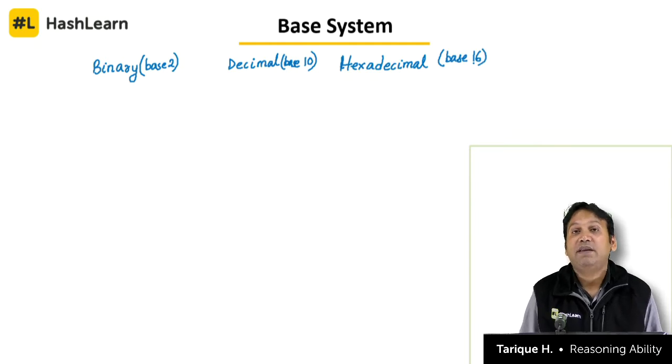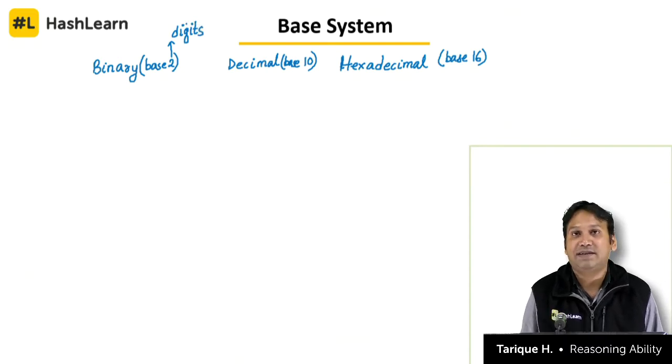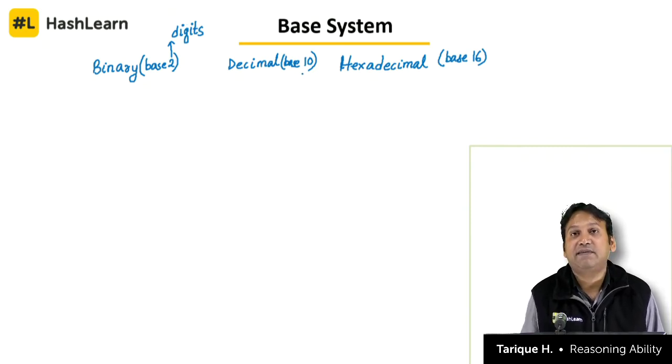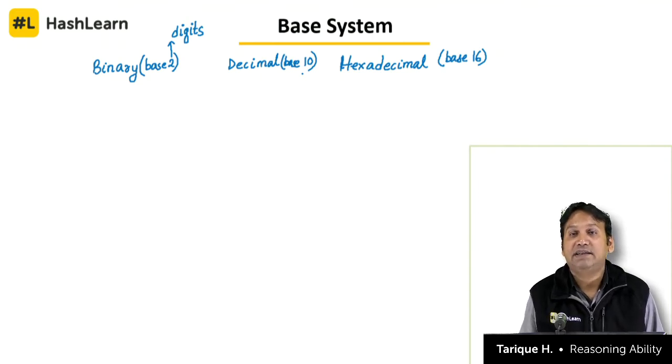We mean that there are only 2 digits. All numbers in this base system have to be made only by using 2 digits. In the decimal base system we have only 10 digits, and in the hexadecimal system we have 16 digits. Which are these 2, 10 and 16 digits?